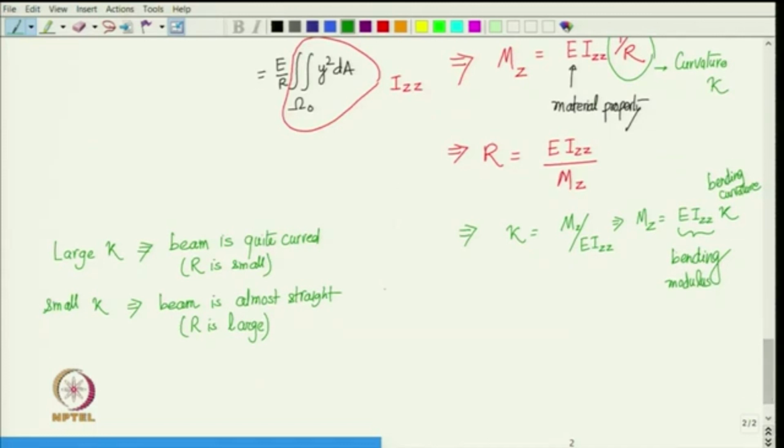We can also look at it from the picture. Suppose we have this beam; in one case it gets curved like this, and in the other case let us say it is almost a straight line.